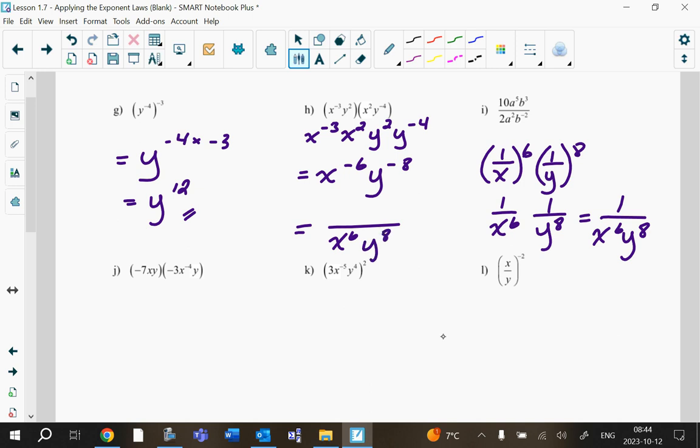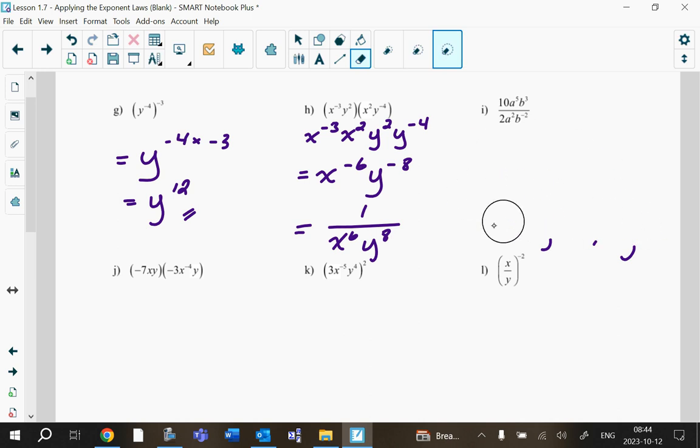And then what is up top? 1. It's much quicker than doing all this. Notice I get the exact same answer, except I did it in one step. So if you've got negative exponents up top, you move them down and make them positive. If they're on the bottom, move them up and make them positive. And we'll see some examples like that.